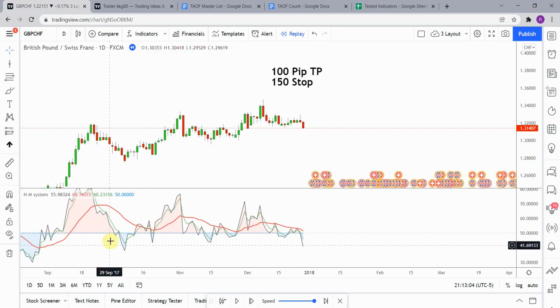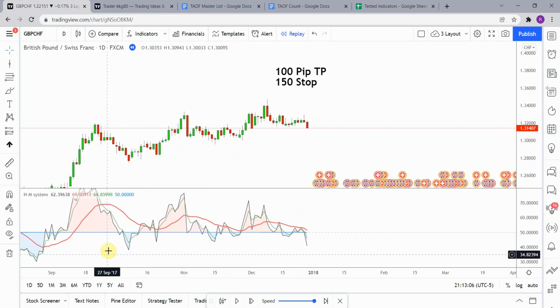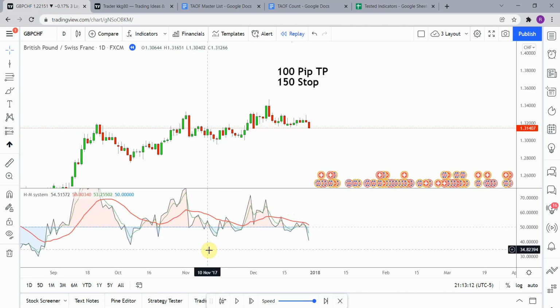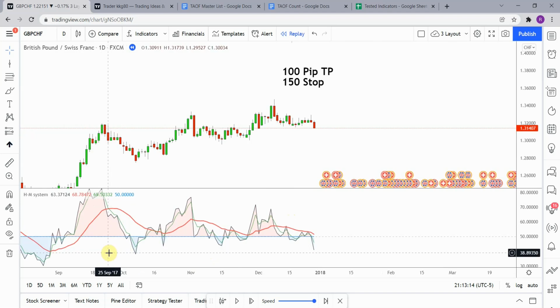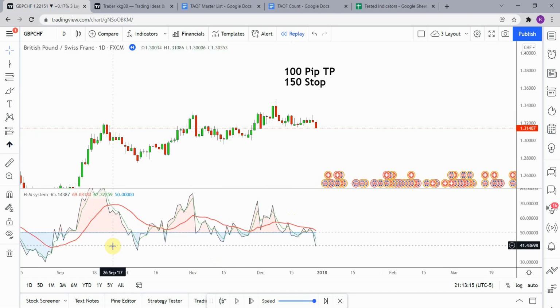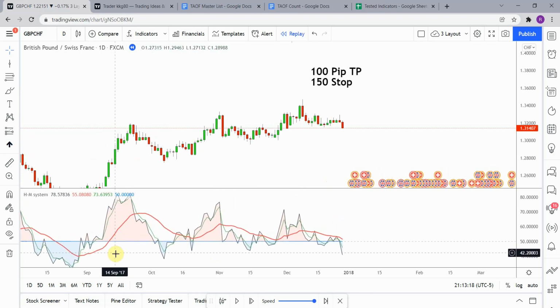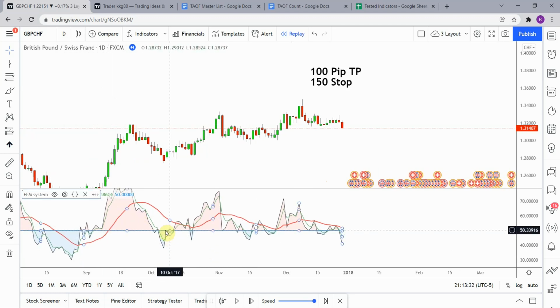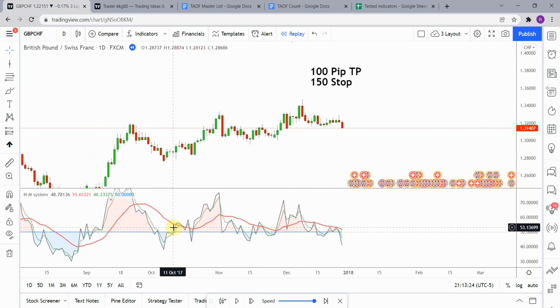What we're going to do is utilize the red line running through the screen there, the red oscillating line, the big red one, and we're going to use that as an overall trend direction. If the red line is above the 50 marker, then we are looking for only long opportunities.